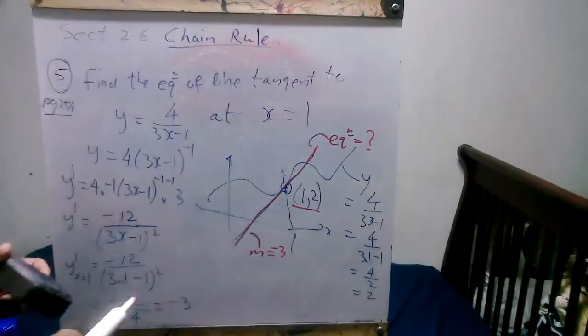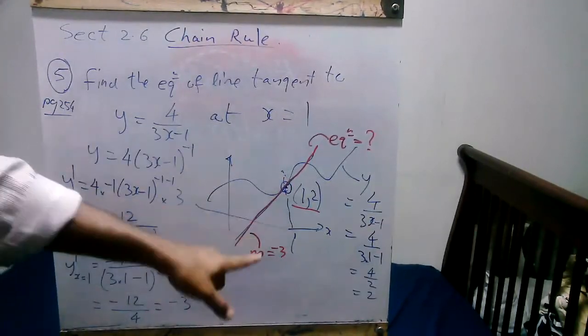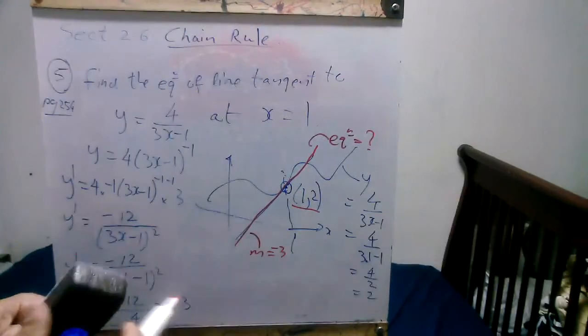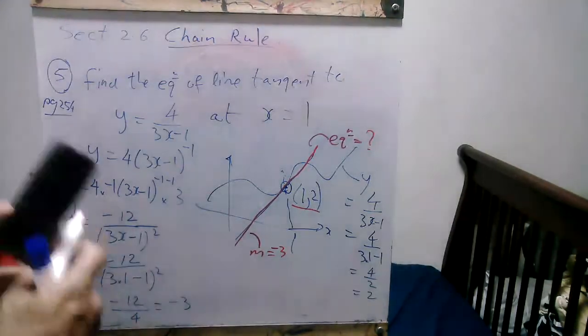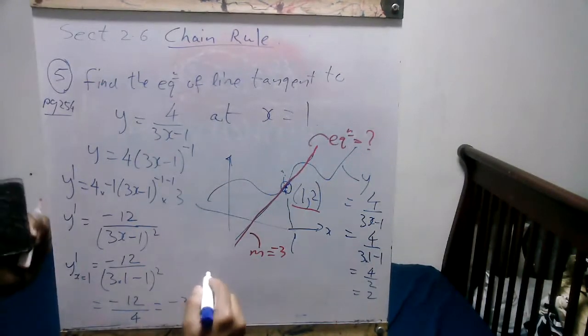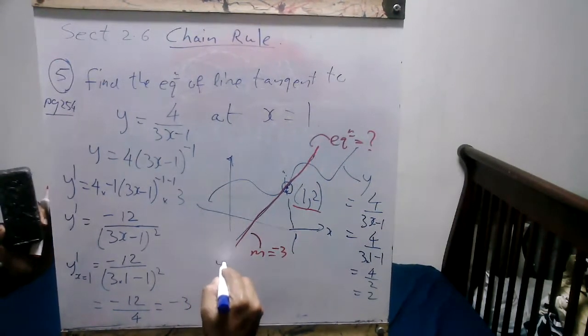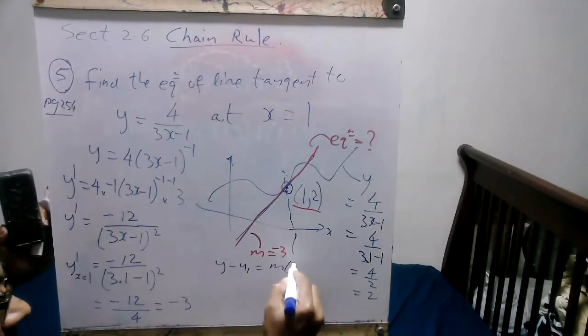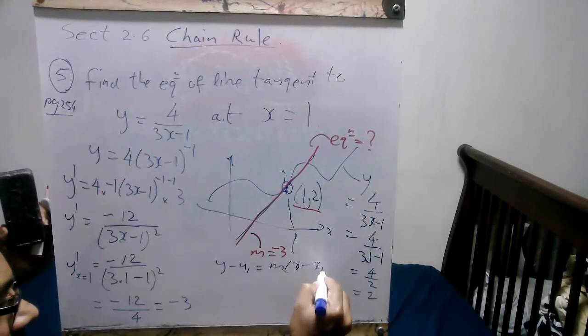That's all we need, right? To write the equation we need slope and coordinates of one point. Once we have that, we can use y minus y1 equals m times x minus x1.